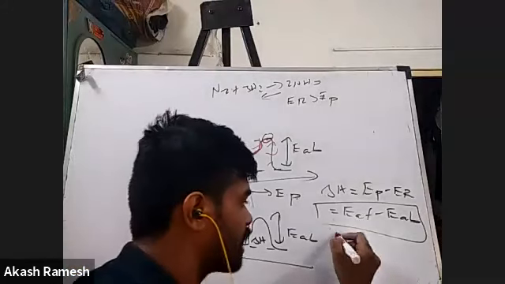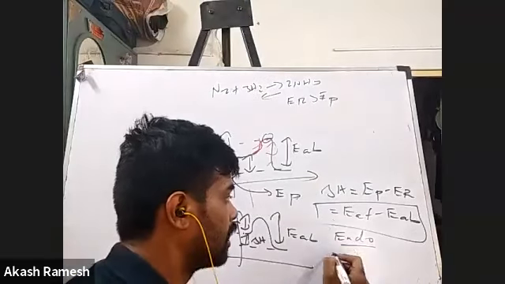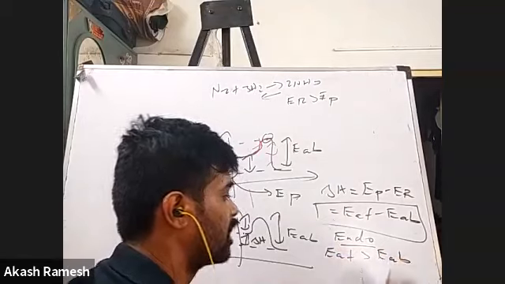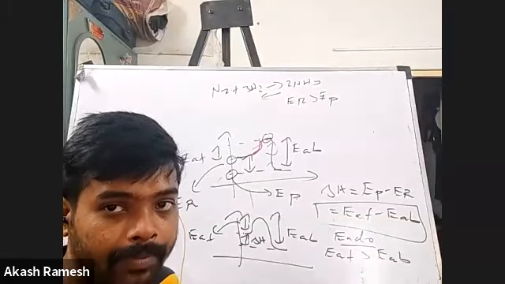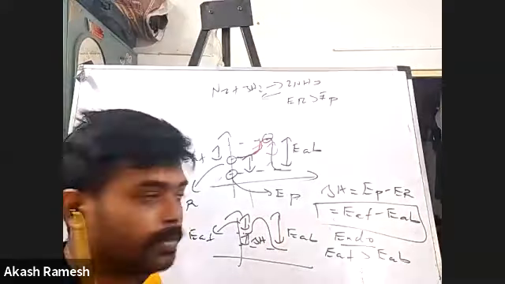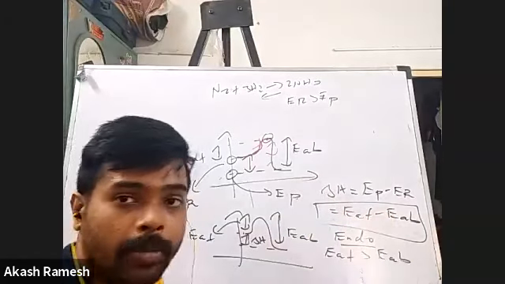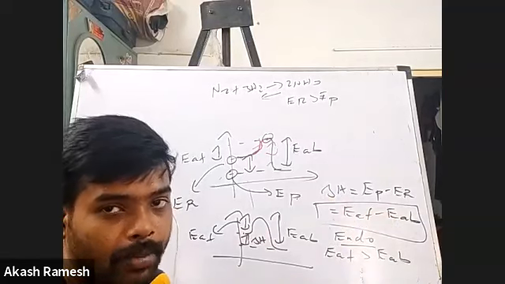So obviously I can say that for an endothermic chemical reaction, the activation energy for the forward reaction is greater than the activation energy for the backward reaction, right? Obviously, then what will happen? Then can I say this delta H value will be greater than 0? If EAF is greater than EAB, delta H will be greater than 0. Correct? So obviously that is going to be an endothermic reaction.